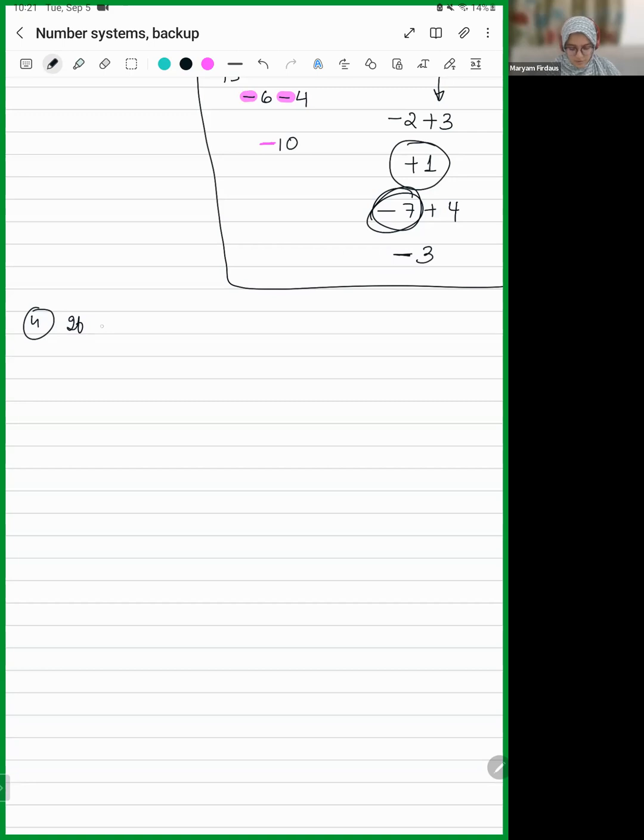If x is equal to 5 minus root 21 by 2, find the value of x plus 1 by x and tell us whether it is rational or irrational.